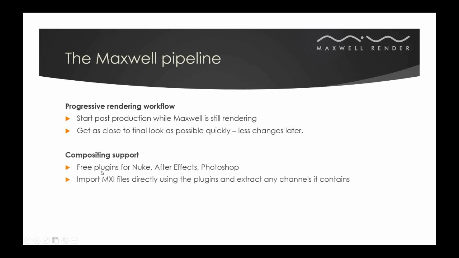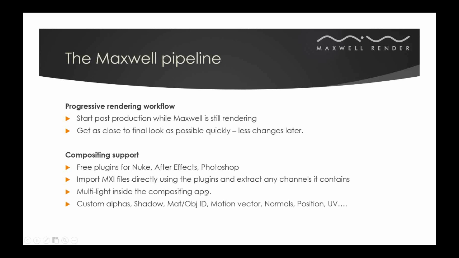So yeah, again, we have the plugins for Nuke, After Effects, and Photoshop, and multi-light inside the compositing application. And also we have a bunch of new channels for version 3, especially custom alphas, which I'm going to show you in a bit. The shadow channel, of course, which takes into account also multi-light.